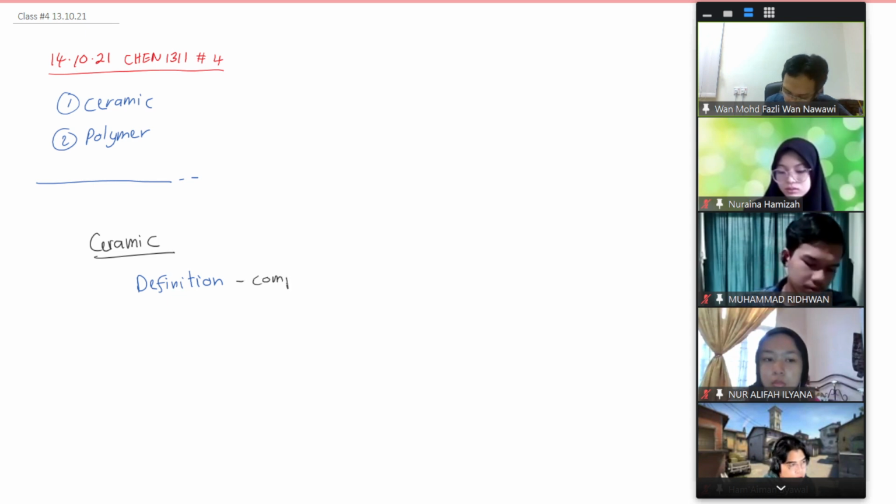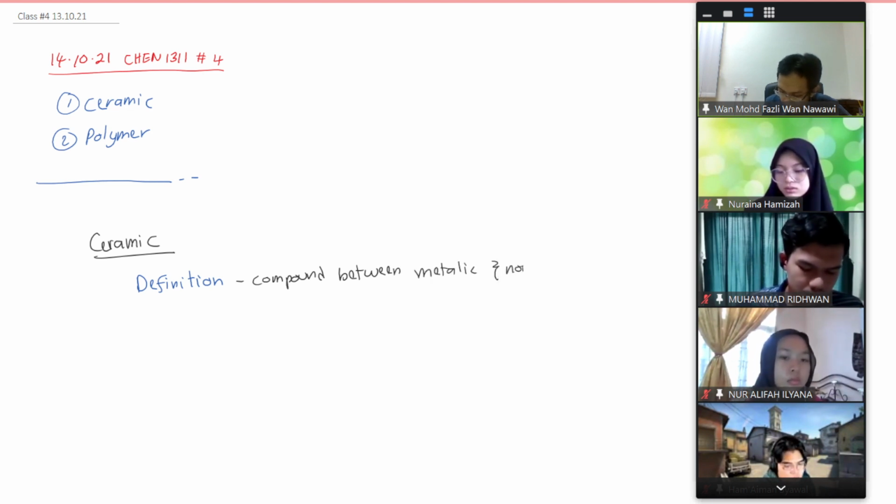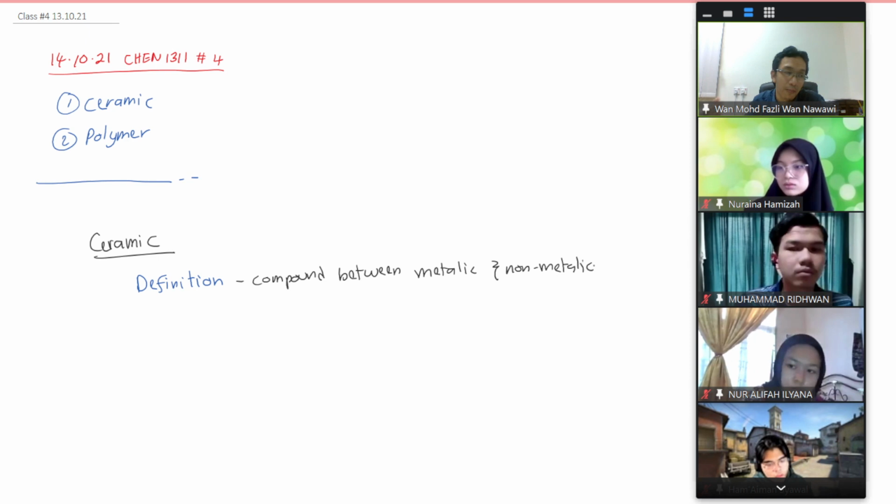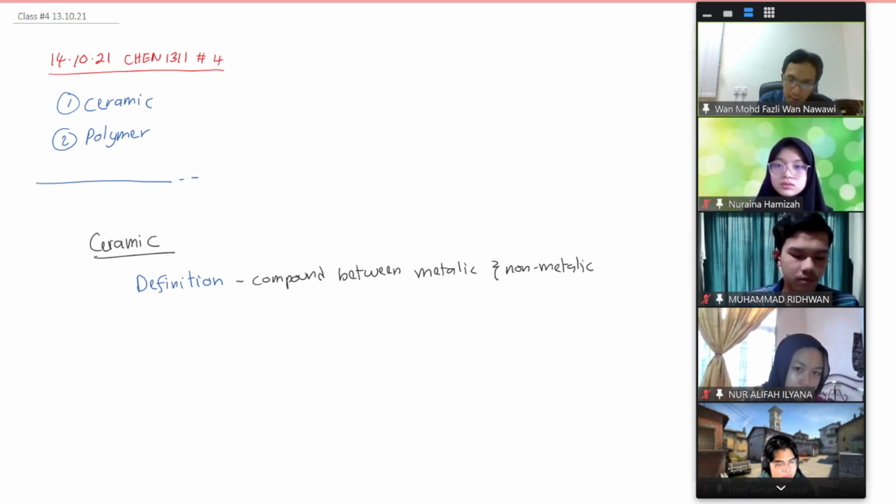It's a compound between metallic and non-metallic. So the non-metallic part, the most common non-metal element that is combined to make a ceramic is the oxide.